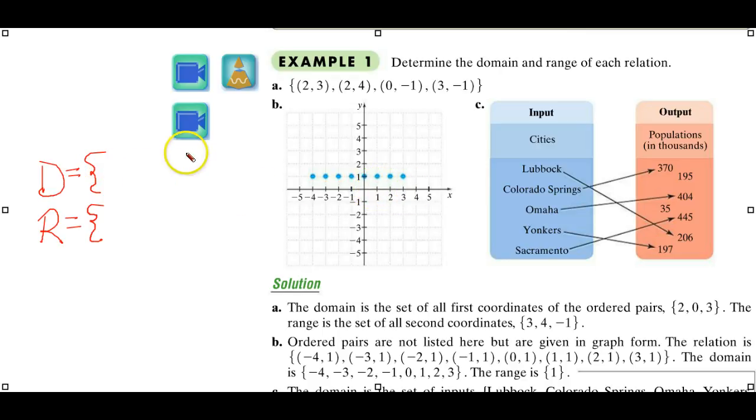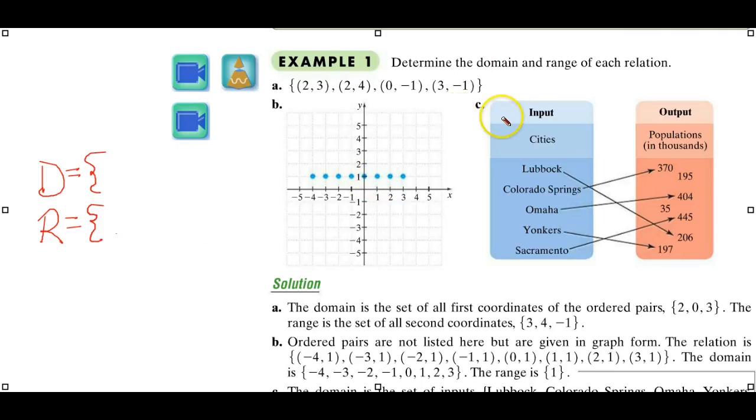So we would just string that out. That would be our domain. Now for the range, the only element in the range that's used is 1. And since it's repeated, you only write it once.